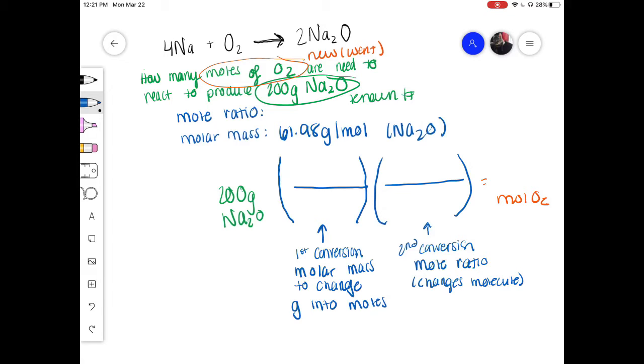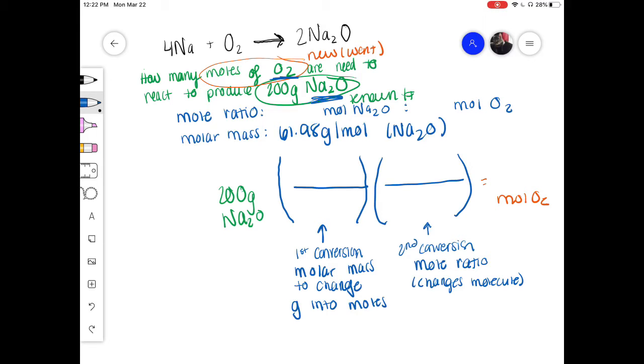So our next step is finding our conversion factor for our mole ratio. We know that we're going between Na2O and O2, so that's what our mole ratio is between. For how many moles of Na2O, we have a certain number of moles of O2.